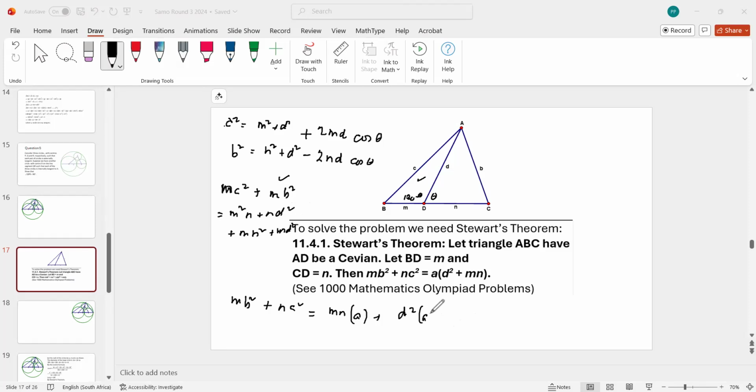So I get a here. And that is how you get a times d squared plus mn. I think that's what I wrote, I'm not sure whether I wrote that originally or something else. Anyway, it is this times d squared plus mn.